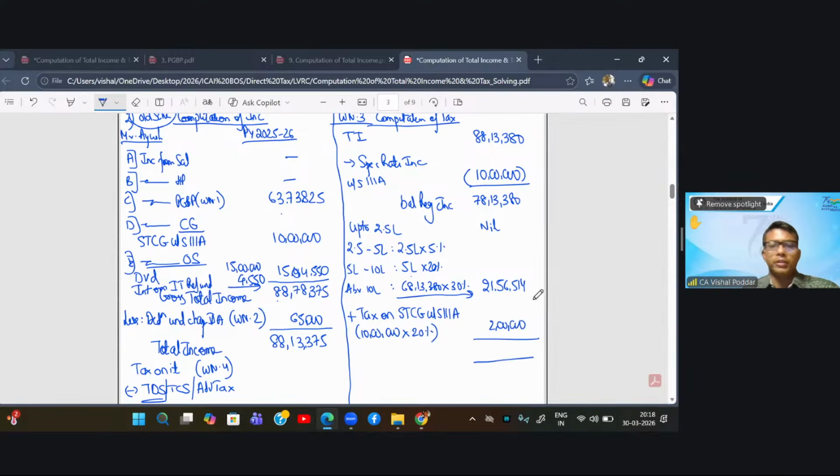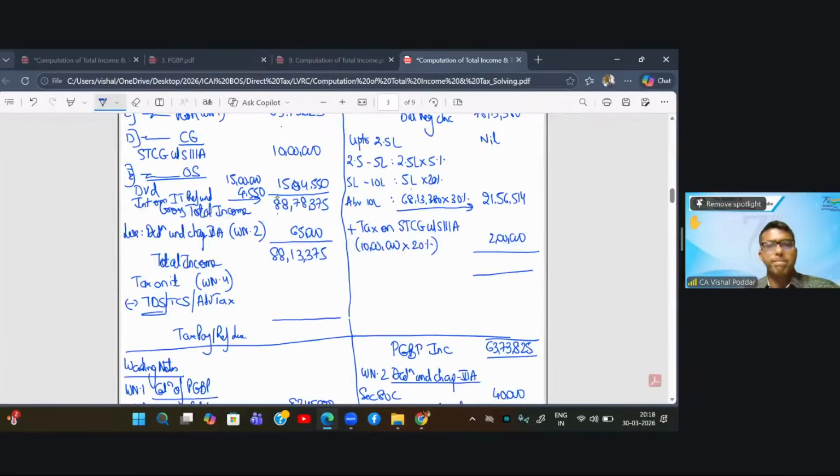Correct. So how much is my basic tax? 23,56,514 plus surcharge minus marginal relief.